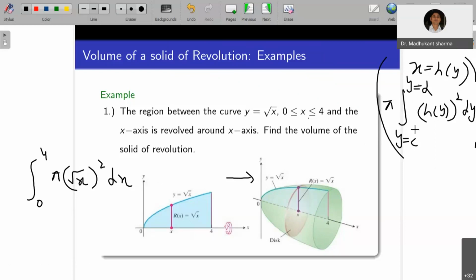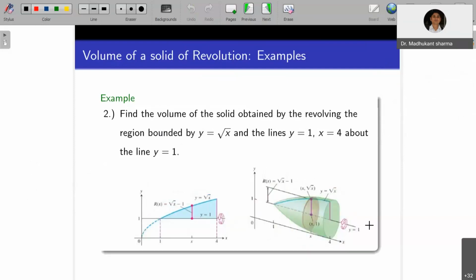Now suppose the x-axis is not the axis of revolution. Suppose y equals 1 is the axis of revolution, maybe shifting. So what we will do in that case? Let's take this example. We know the equation of this curve is y equals root x.